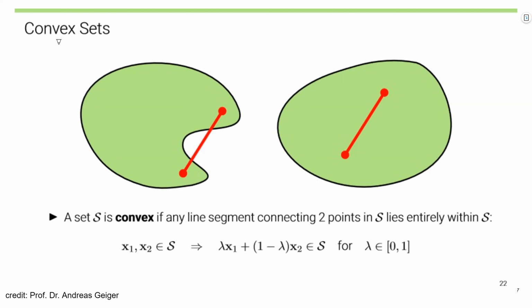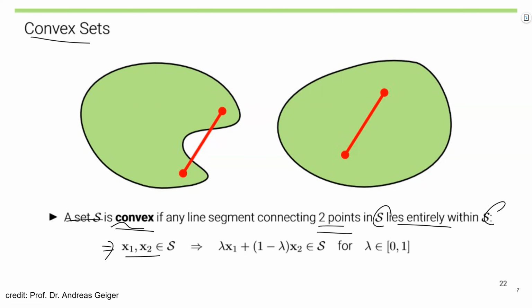What is a convex set? A set S is convex if any line segment connecting 2 points in S lies entirely within S. Then we say this set S is convex.